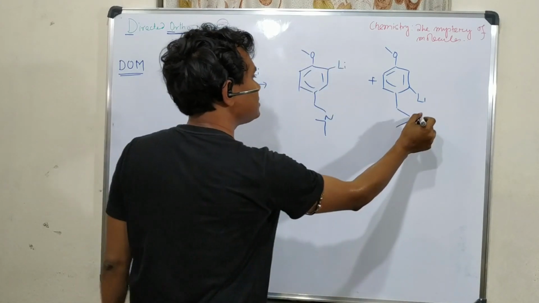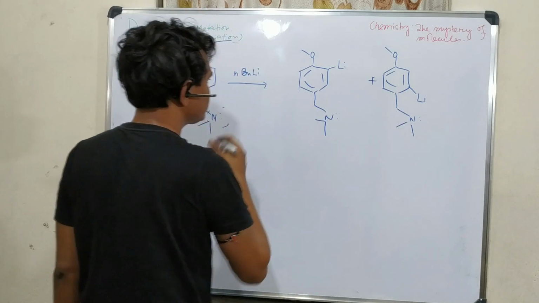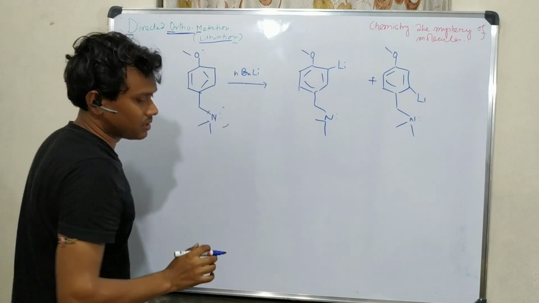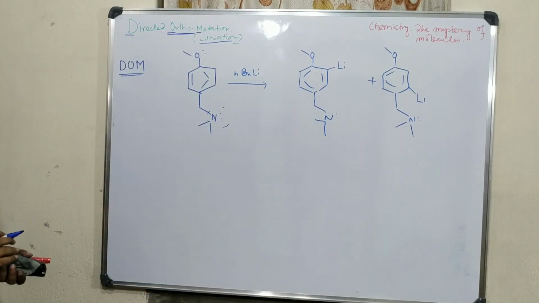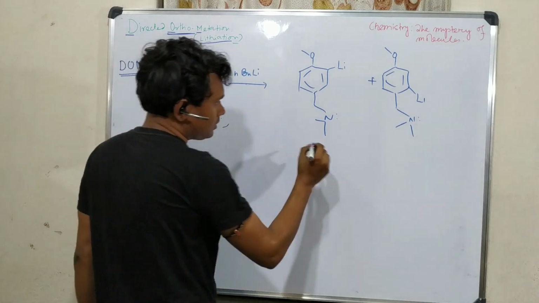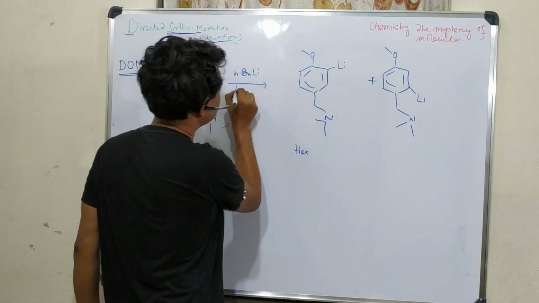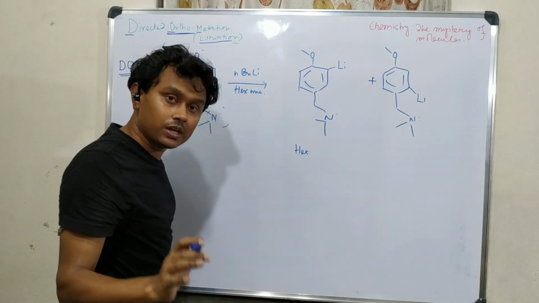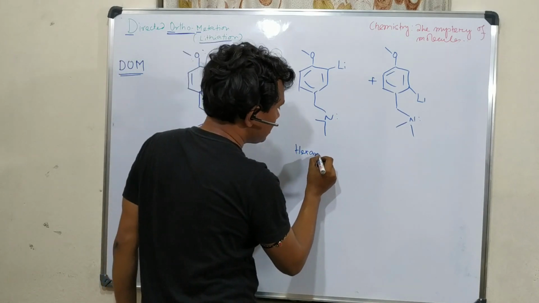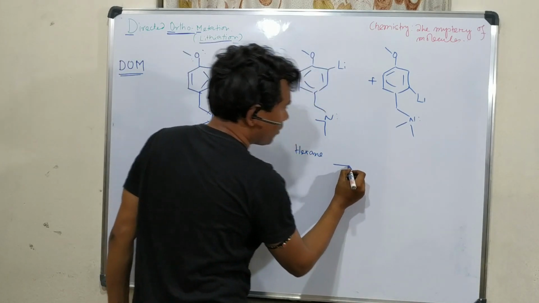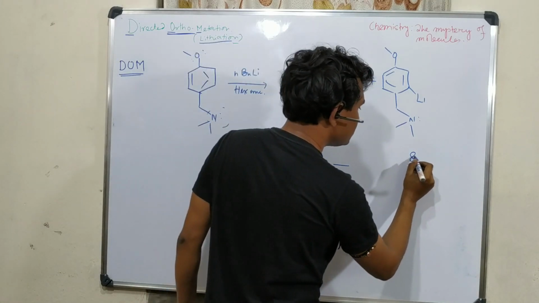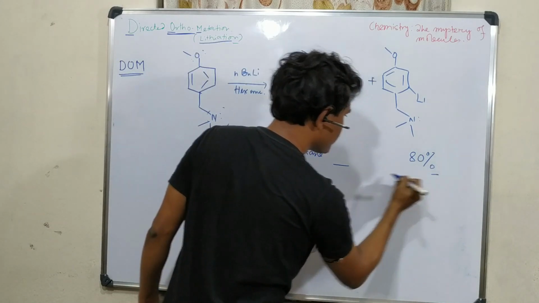Now the question is, where will this lithiation occur? Initially, if we perform the reaction in hexane, for example butyl lithium in hexane at low temperature and inert atmosphere, please keep hexane in mind, then this product is formed, around 80% of this product is produced.